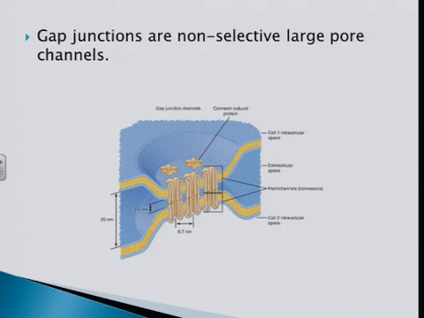They're big holes, as I said. That means they're non-selective. Unlike the ion channels of the cell membrane, the gap junction connexins are largely non-selective. So you can pass potassium, calcium, sodium, you name it, through them. You can also pass phosphates and various other compounds through them.